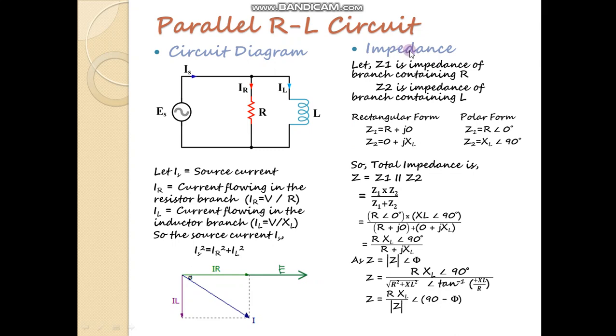Now impedance. Let Z1 be the impedance of the branch containing the resistor only, and Z2 the impedance of the branch containing the inductor only.